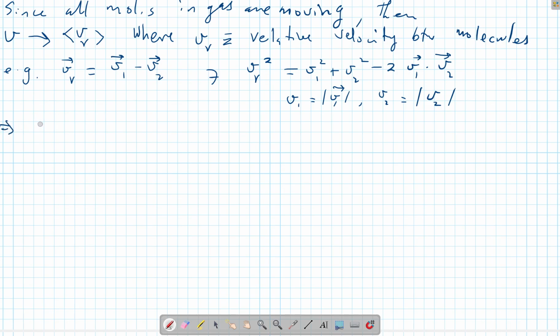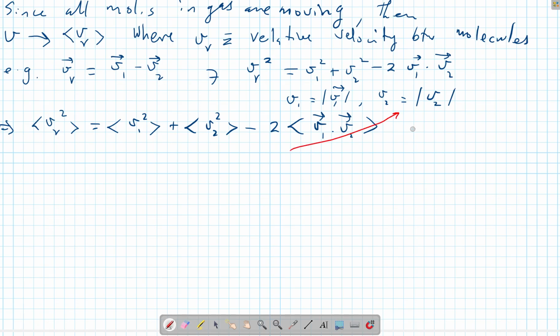And from here, one can compute the average relative velocity squared to be equal to the average of V1 squared plus the average of V2 squared minus 2 times the average of V1 dot V2. We know this is going to be equal to 0, because the average of cos theta is 0, right?